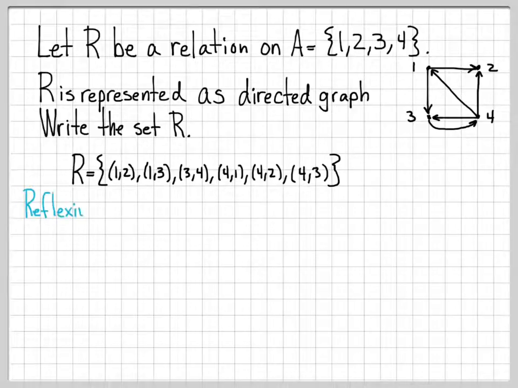Now let's talk about some of the properties that relations might have. One of these properties is what we call reflexive. One question we have is, is R in this specific instance reflexive? Let's recall the definition of reflexive.